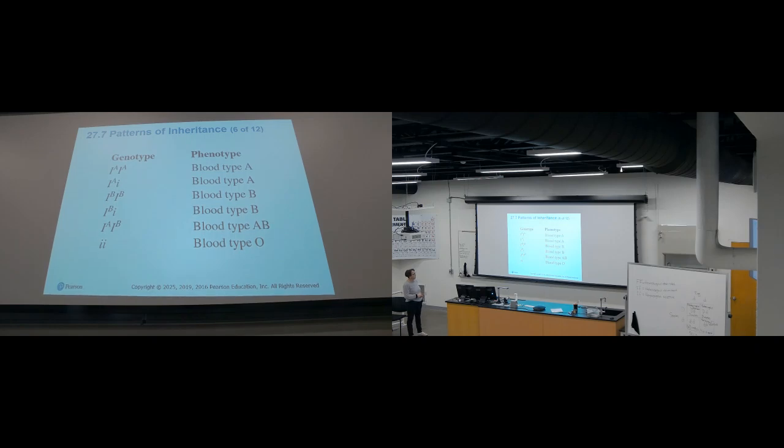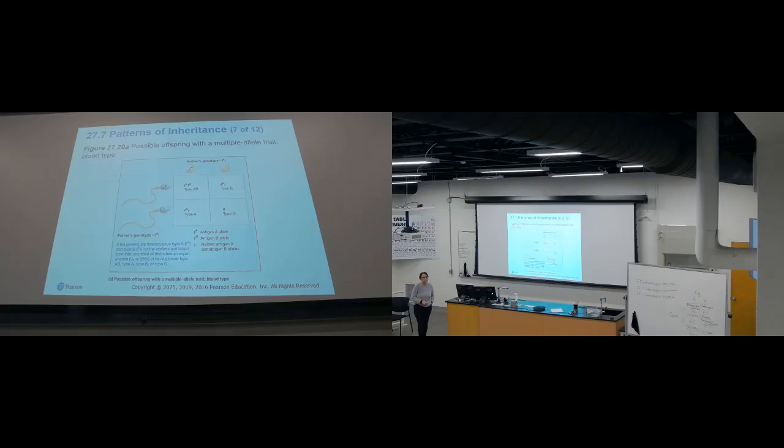So this will be type O. So someone who has an allele that is coding for O type, but with A, A is going to be dominant, and then for B is going to be the same.